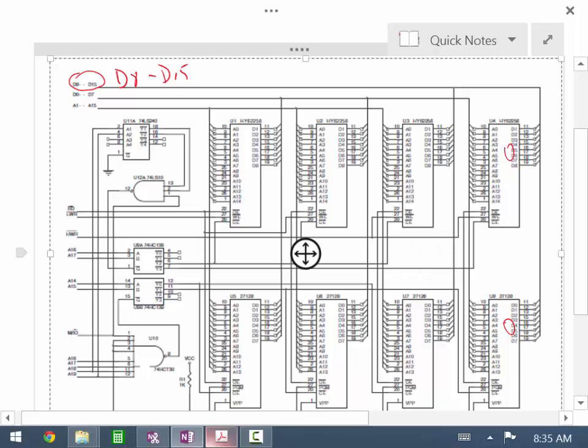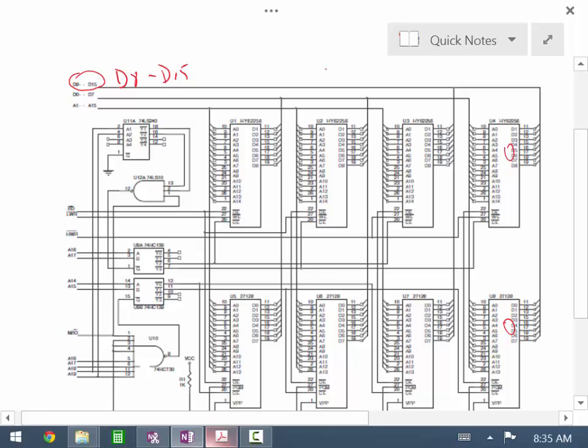As we take this line here, it goes across here and comes down to this chip. Actually, it does go to this chip here. It goes across to this chip here, comes down to this chip, and comes to this chip right here. So it goes to those 4 chips.